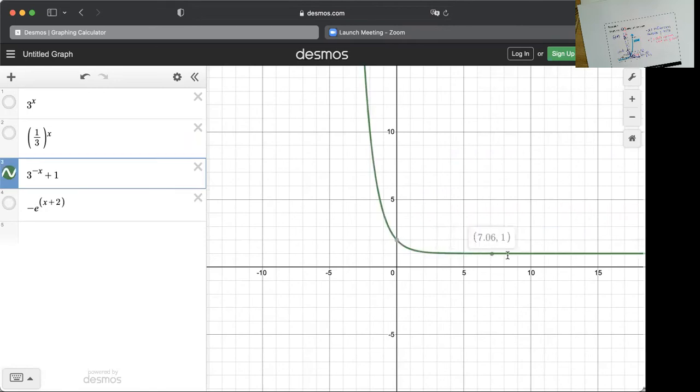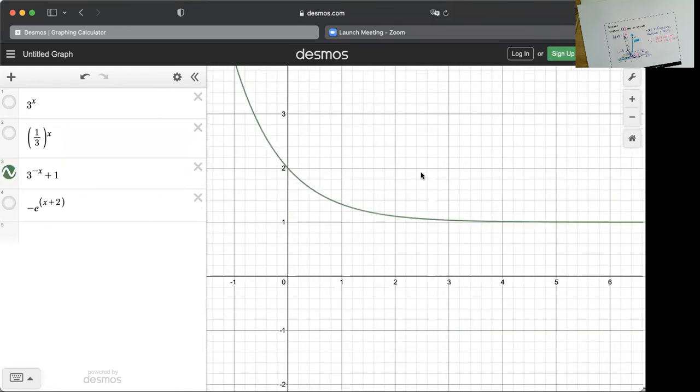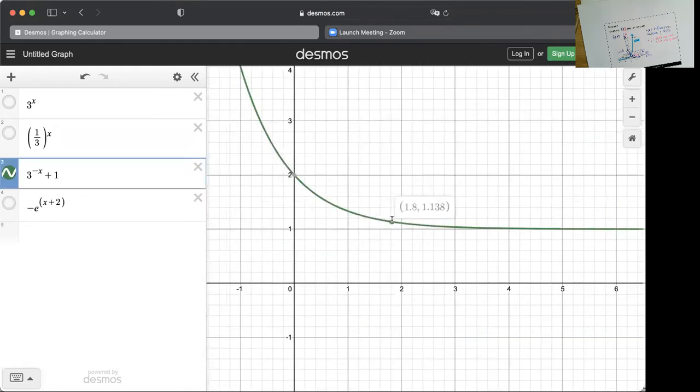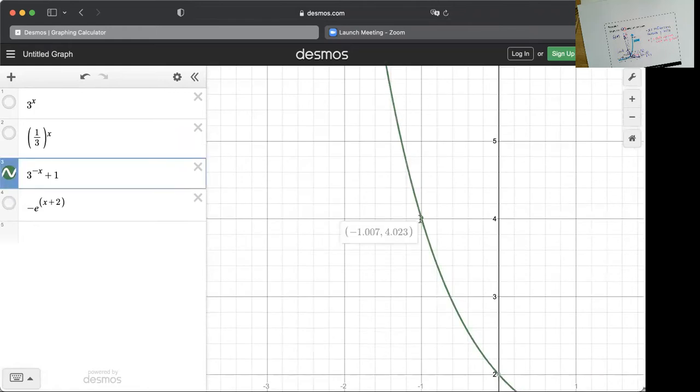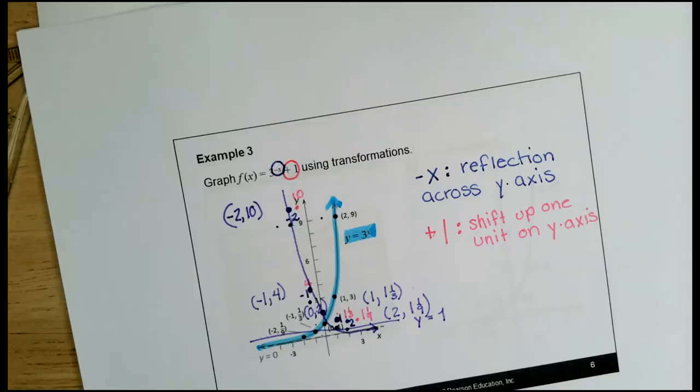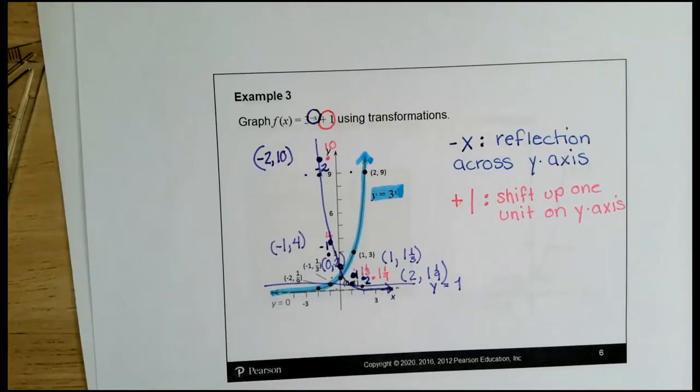So now it will be constantly approaching 1 instead of constantly approaching 0. Closer and closer to 1, it crosses at 2. At -1 for x, it gives me a 4 on the y. So that matches my graph.